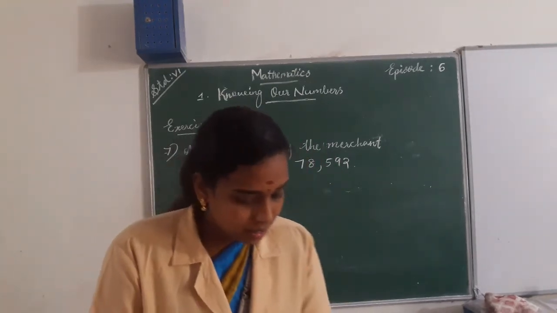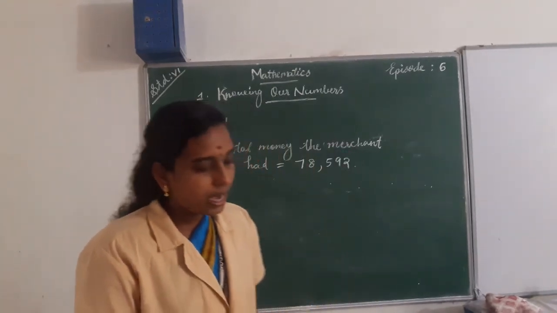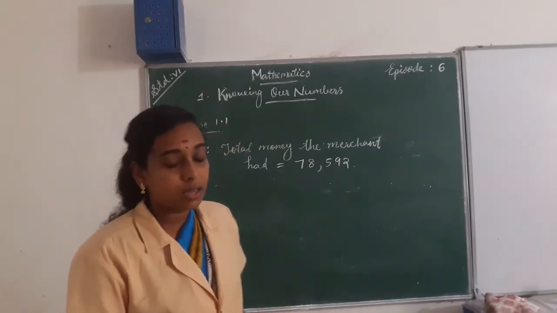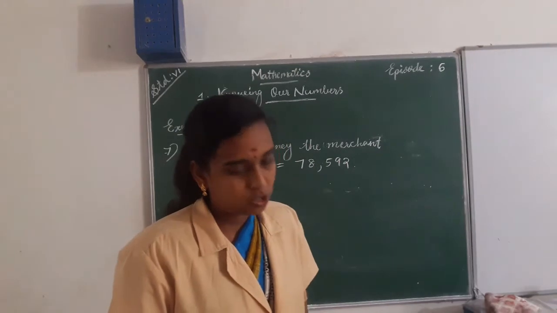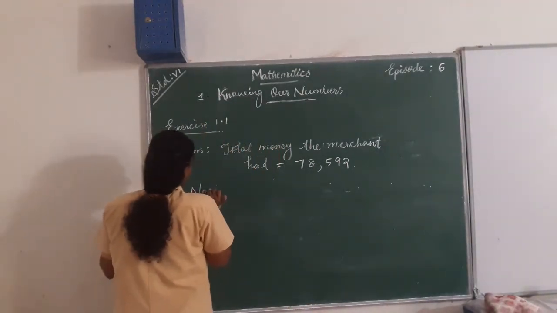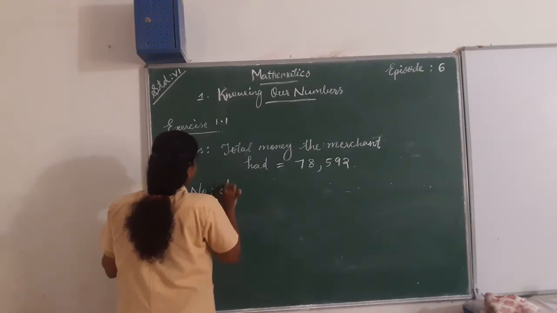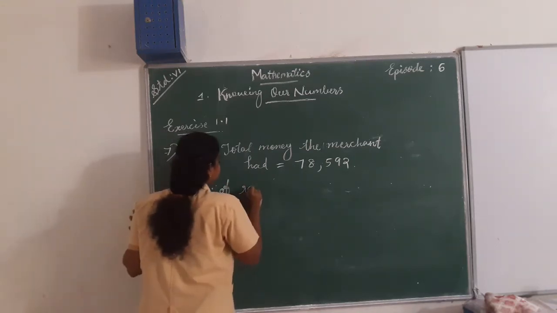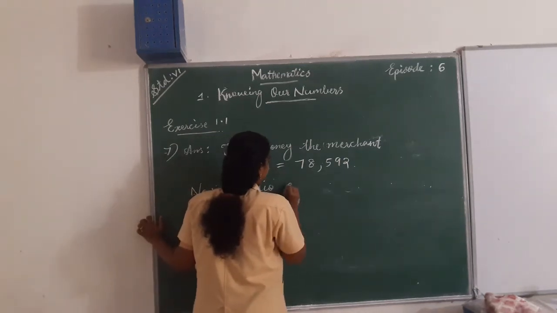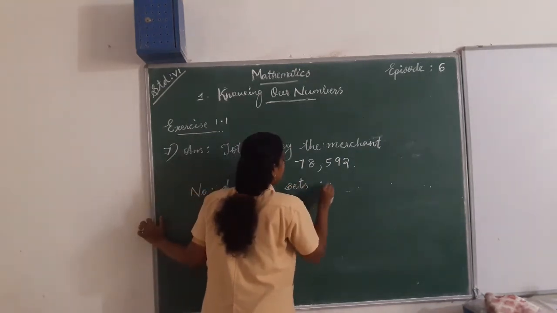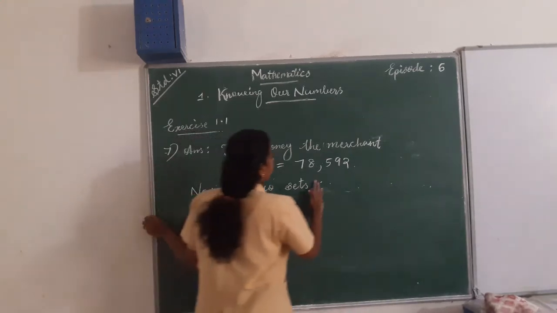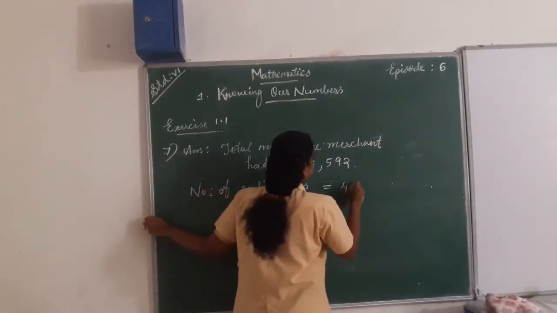That is, our next step is number of radio sets she placed an order for purchasing, or number of radio sets she purchased. Okay, number of radio sets. How many radio sets did she place an order for purchasing? Yes, 40. So it is equal to 40.